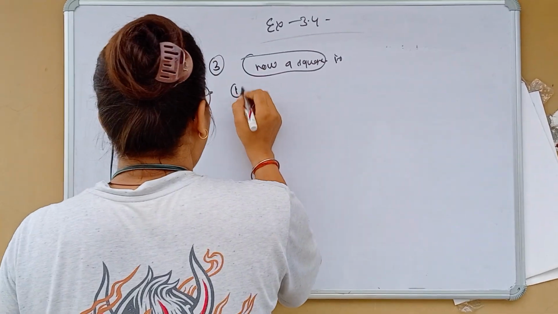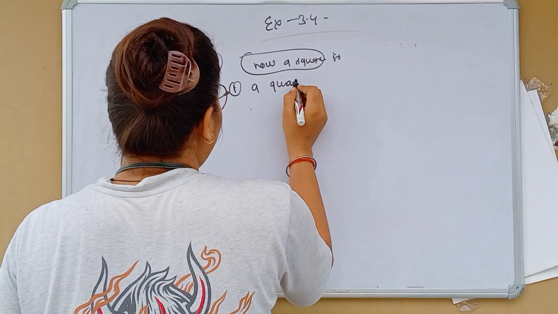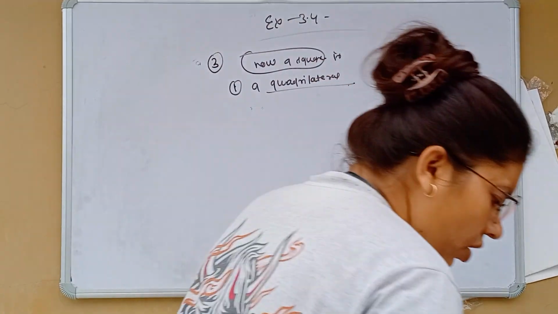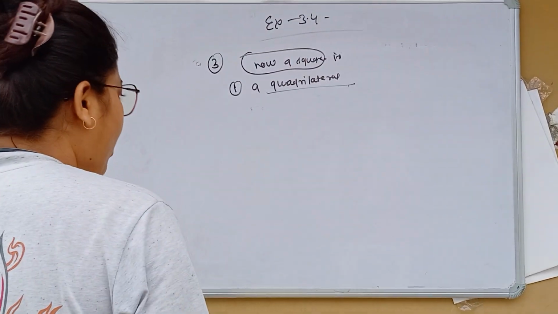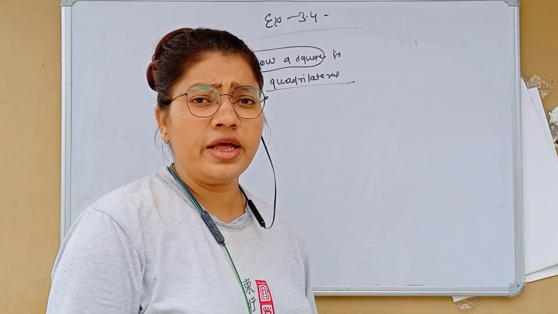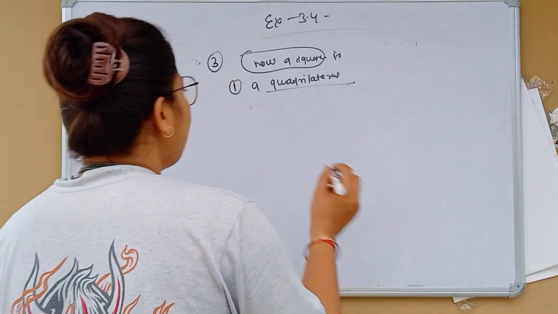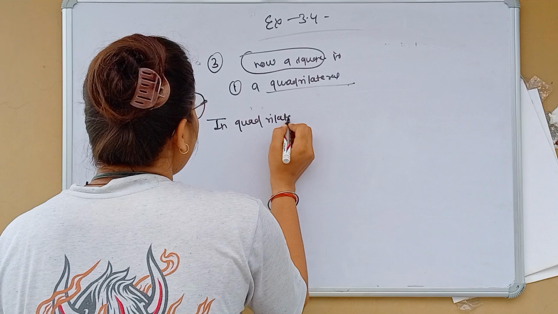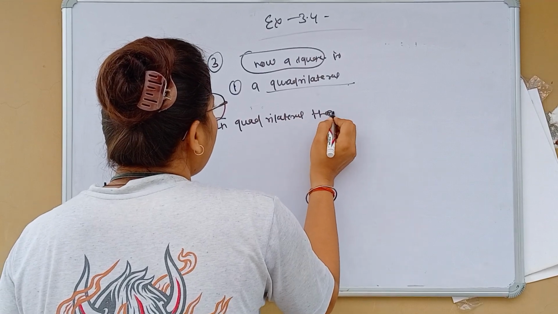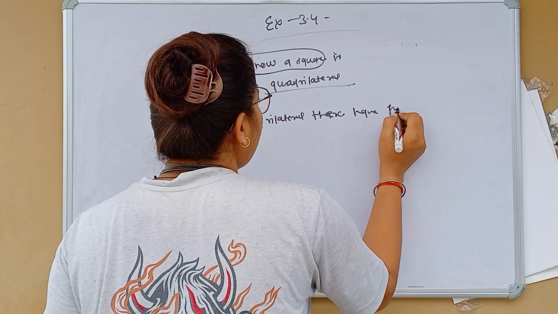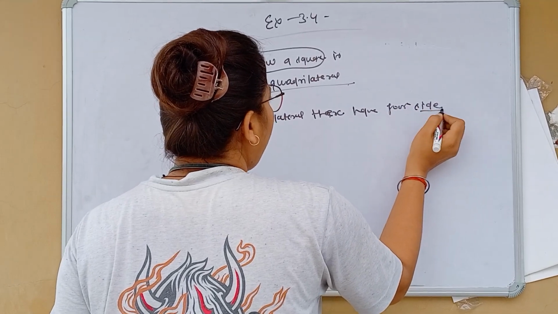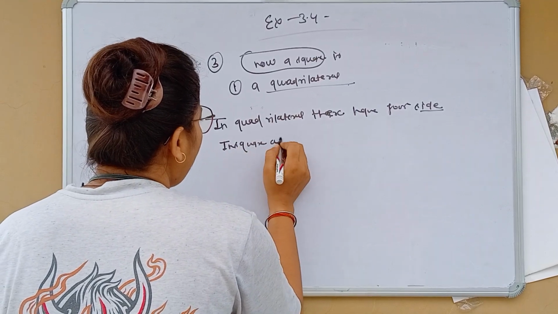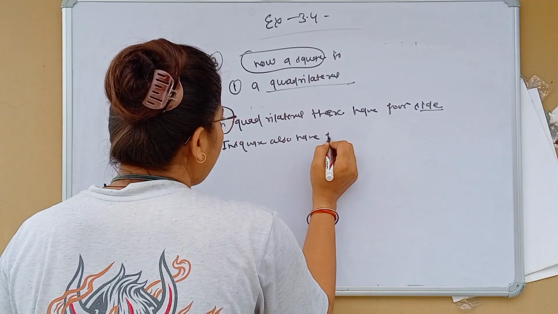How is a square a quadrilateral? For this you give one reason. What is the property of a quadrilateral? A quadrilateral has four sides. A square also has four sides.